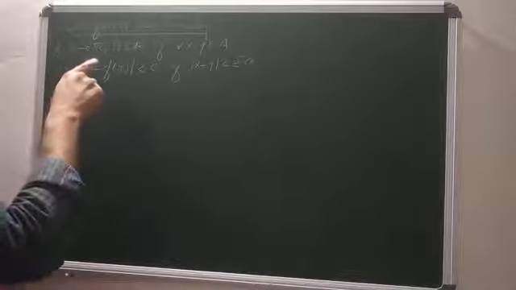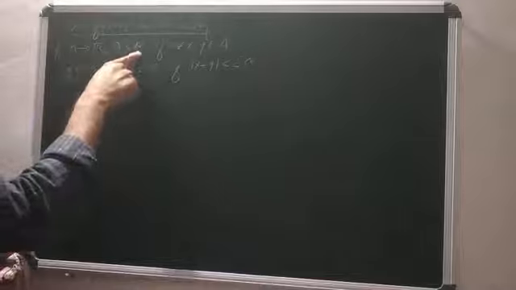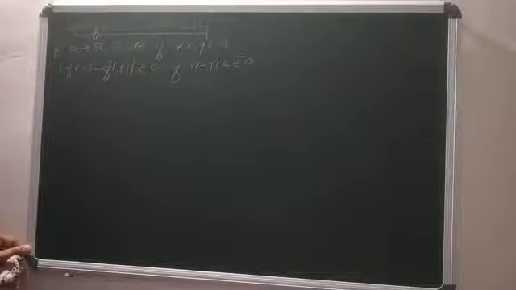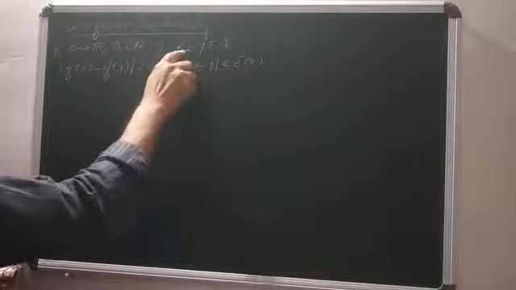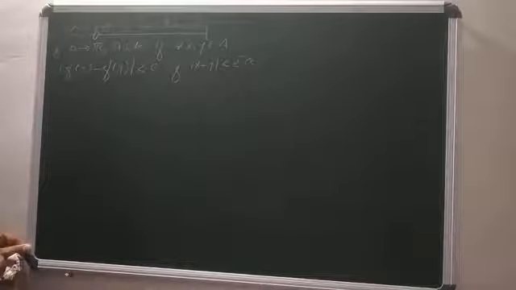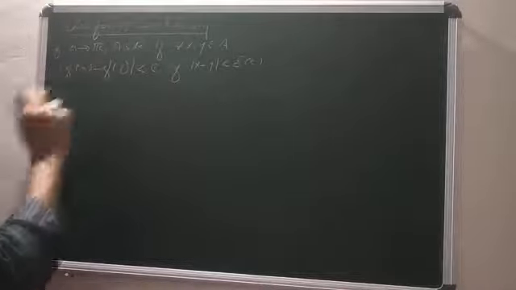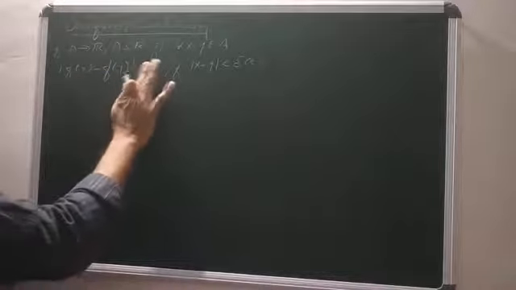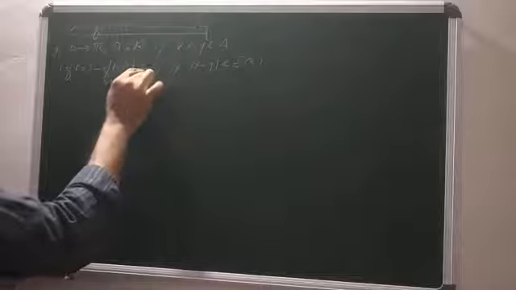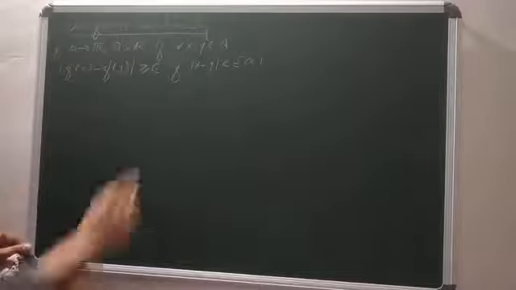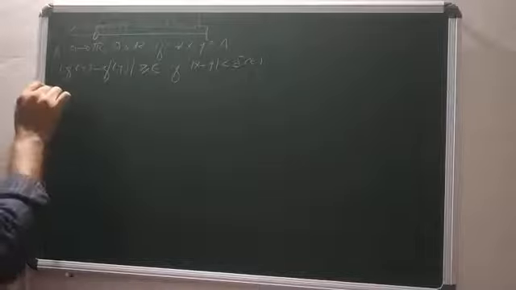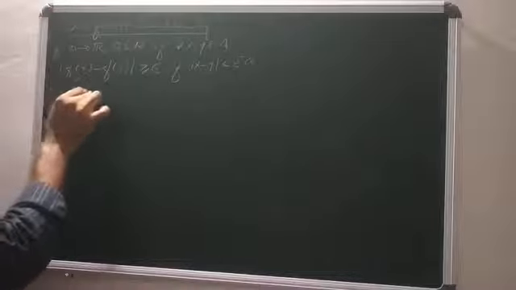So the function f from A to R, where A is a subset of R, is said to be non-uniformly continuous if there exists some epsilon positive such that modulus of f(x) minus f(y) is greater than or equal to epsilon, provided mod x minus y is less than delta. So this is the non-uniform continuity.